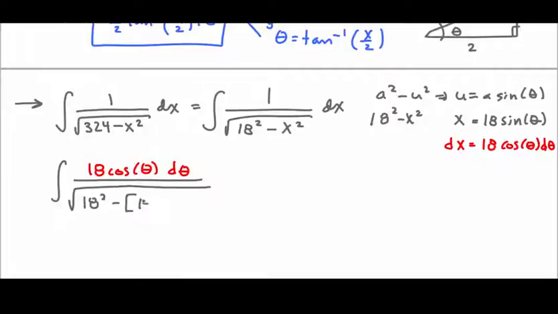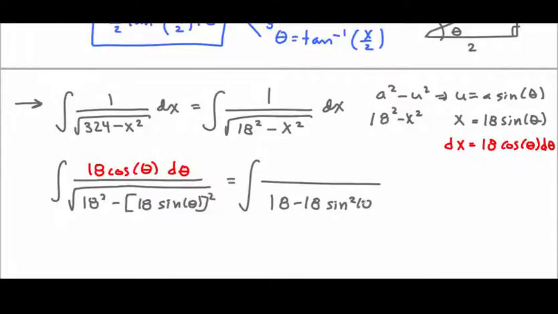Now x was 18 sine theta, and this is quantity squared. So here's my substitution, and now I need to simplify this. So denominator, I'll start with that. This is 18 minus 18 sine squared theta, and of course this is square root. And my numerator is 18 cosine of theta d theta.